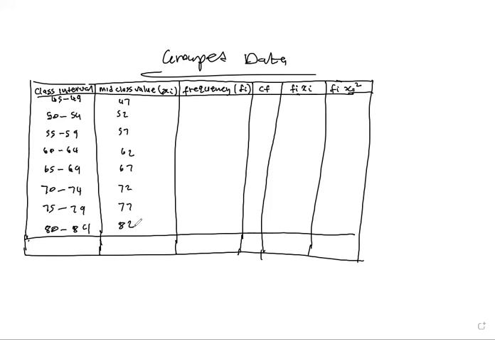Then their frequencies are given. So in the question, they will just give you two columns, the class interval and the frequencies. So when you begin answering the questions, you need to complete the table in the same manner.